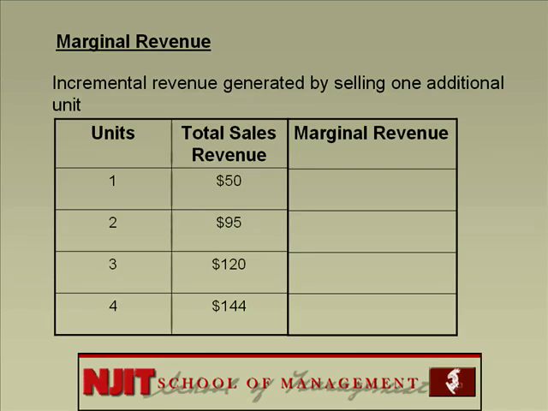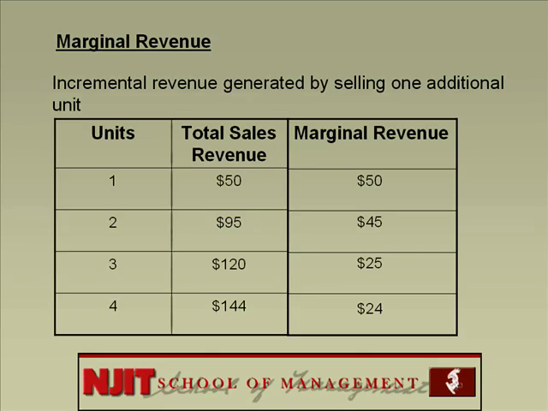When you sell the first unit, it's $50. When you sell the second unit, the incremental revenue is $45. When you sell the third unit, the incremental revenue is $25. And when you sell the fourth unit, the additional or incremental revenue, which is also called marginal revenue, is $24.